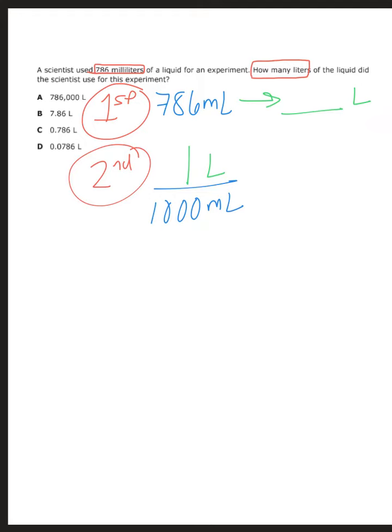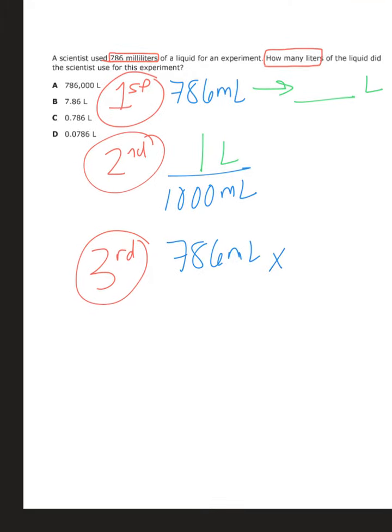So first, we identified the units that we started out with, and then we identified that we're trying to go from milliliters to liters. Second, we found the conversion rate. There are 1,000 milliliters in 1 liter. Our third step is that we're going to multiply our 786 milliliters by this conversion rate that we found.